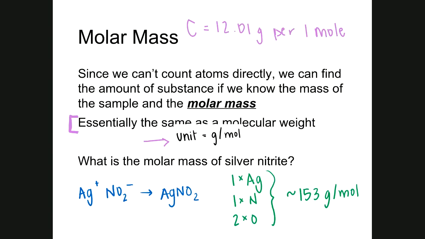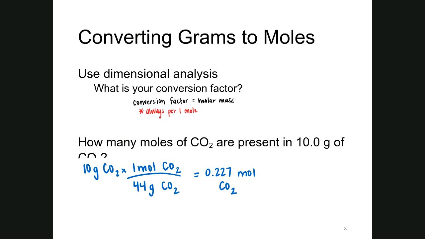So we can take this idea of a molar mass and use it to convert back and forth between grams and moles. So this is exactly like what we did earlier this chapter with Avogadro's number, but this time our conversion factor is the molar mass. And something that you need to keep in mind, a common error that I see, is that students will take the value from the periodic table and write that as a mole. But that's not the case.